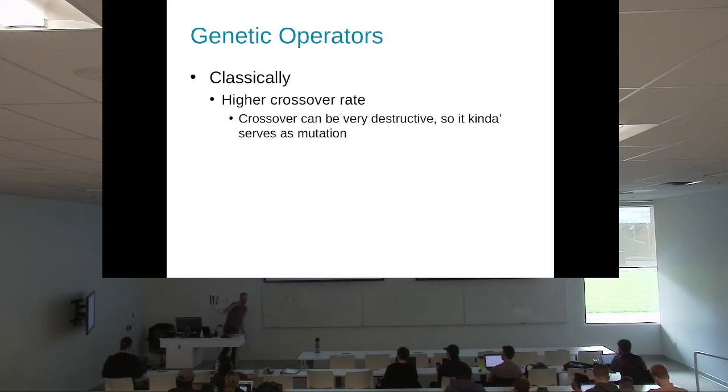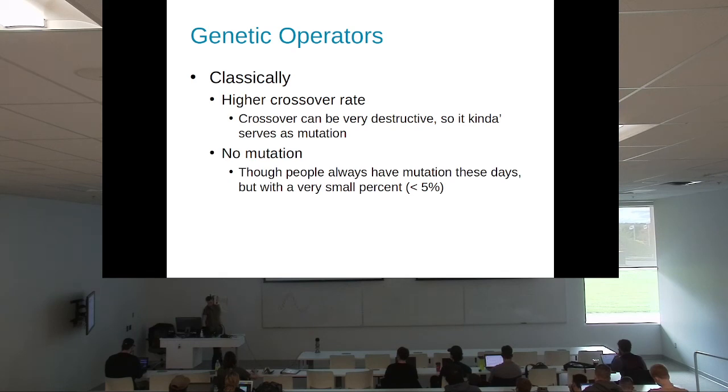But this is classically, this is a rule of thumb, and this is assuming you're using a tree representation. We'll probably talk about another representation a little later. No mutation. But usually people use mutation these days, just with a small number, but mutation's easy to do.